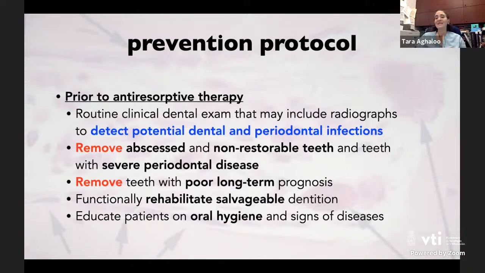We want to rehabilitate the salvageable dentition because, similar to when someone's going to get head and neck radiation, they go through a dental exam and have their teeth all taken care of as much as possible so that they're not at risk for developing necrotic bone after therapy initiates. And then, of course, we're going to educate our patients and reinforce hygiene and signs of disease so that they can come in sooner rather than later.